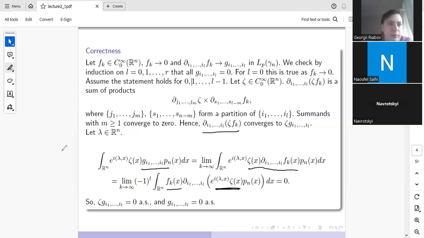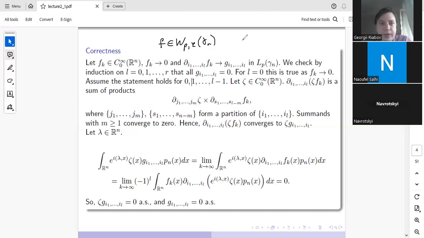Okay, so we defined Sobolev spaces, and for each function f from the Sobolev space, we defined a derivative of order up to r.